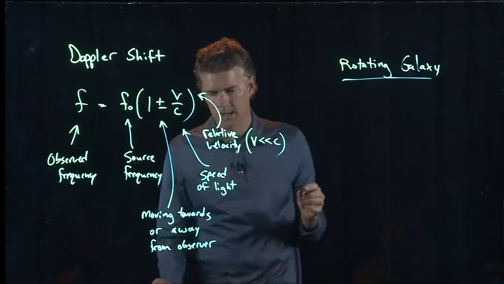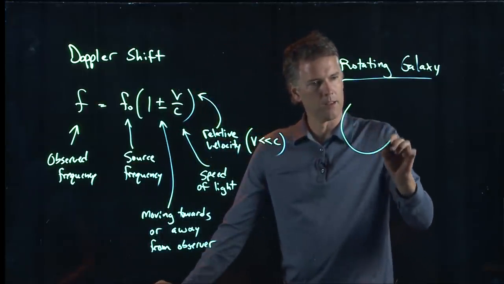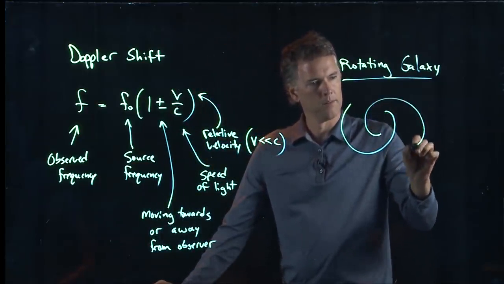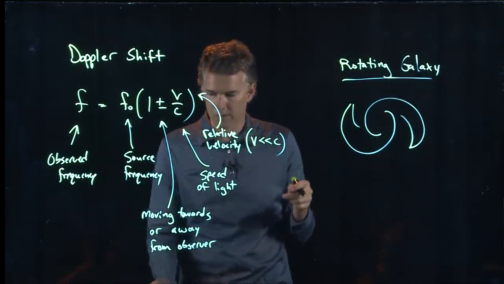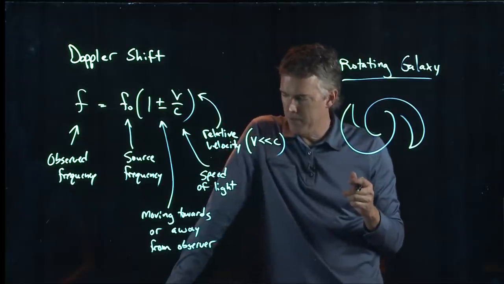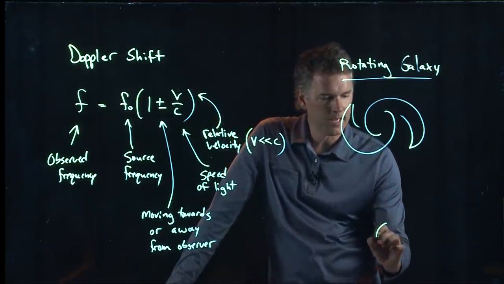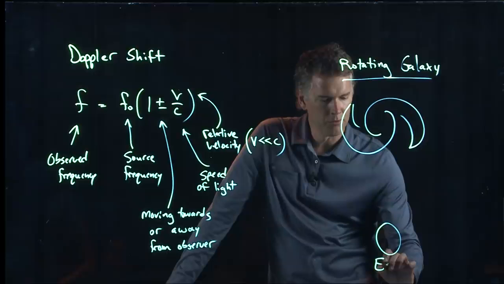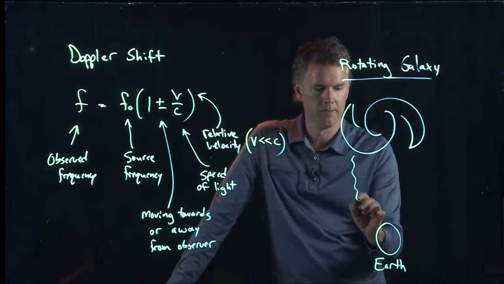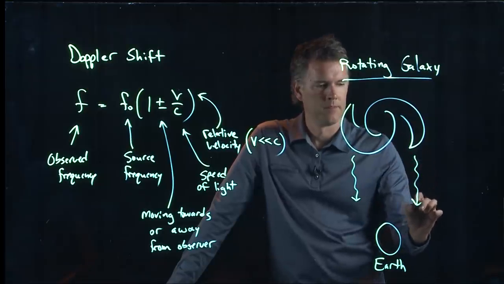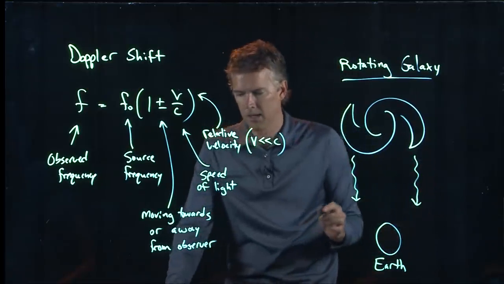Okay, so a rotating galaxy looks sort of like this. It's got these spiral arms on it, and the whole thing is spinning, and as it spins, it emits light that we can observe down here on the Earth, not to scale. Okay, and the thing is spinning in this direction.